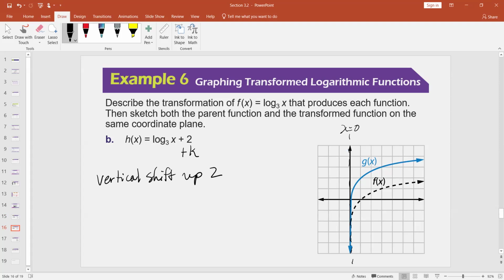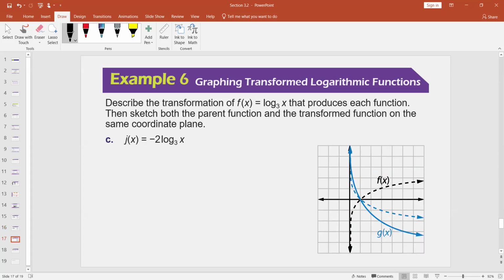Okay, last one. We have two things going on here. This is your a. Our a in this case is -2. So this means that we have a reflection over the x-axis, which you can see there in the light blue dotted line. It's reflected.